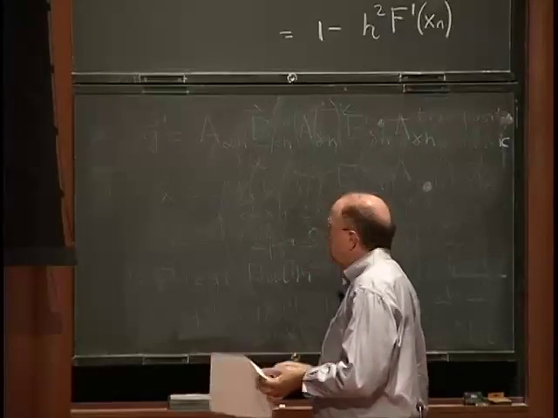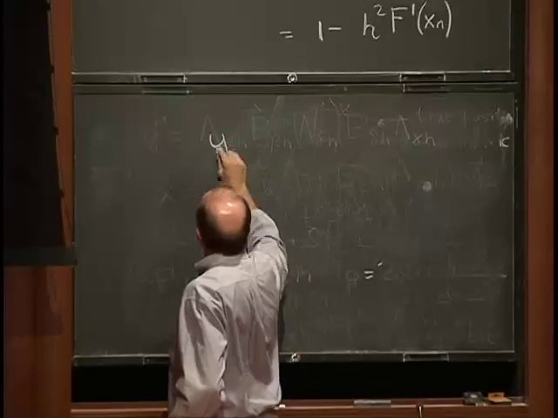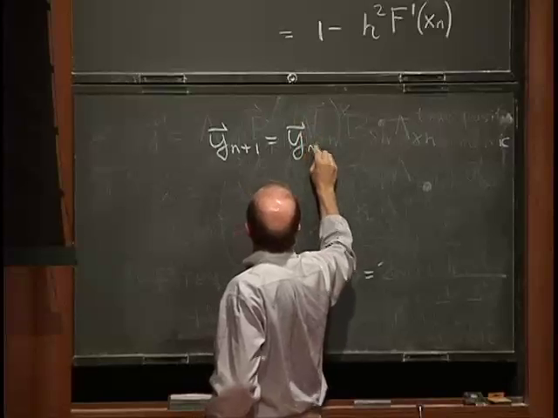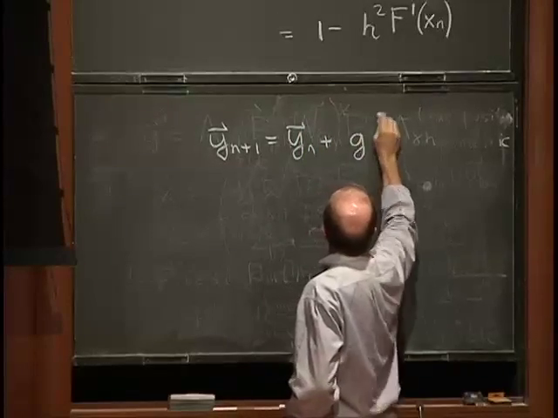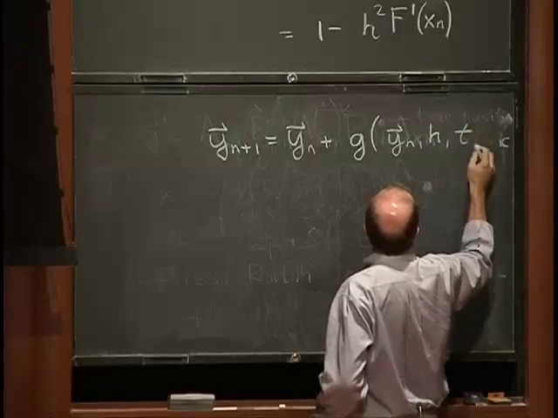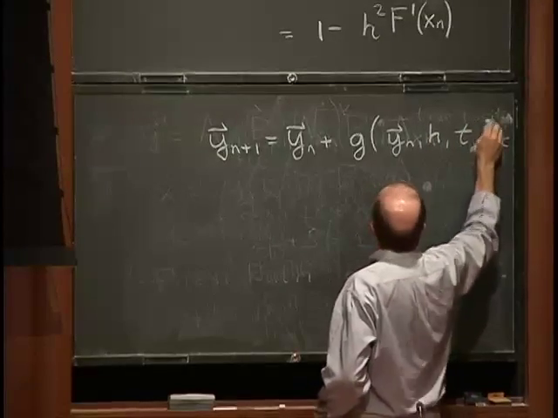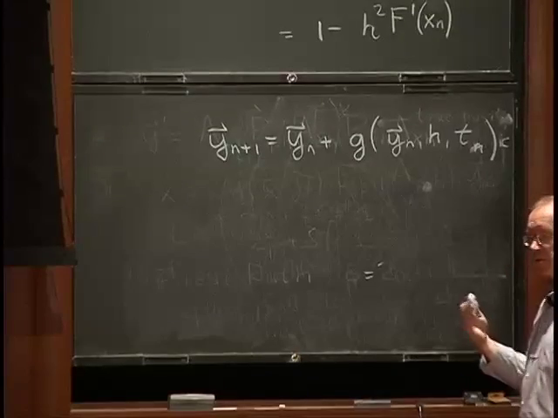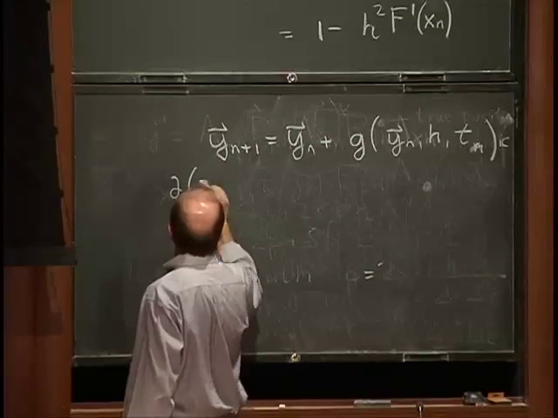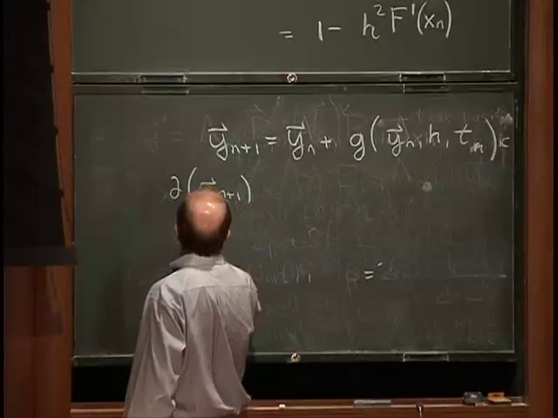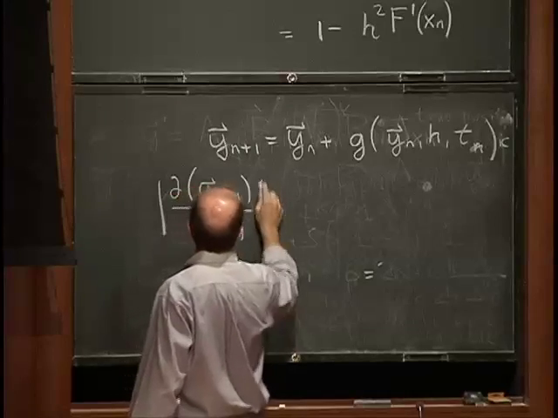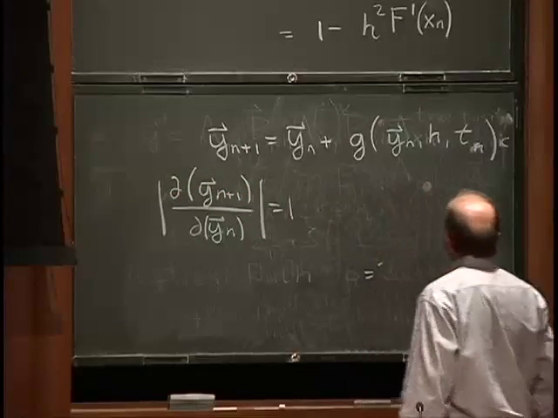You recall that if I write down a general formula for a one-step integration method, that method is symplectic if the Jacobian is 1.